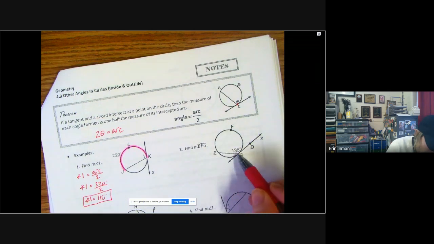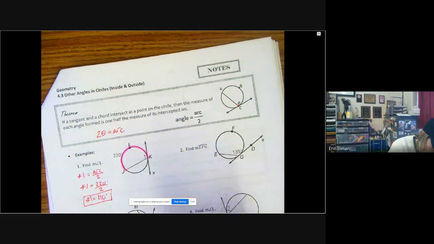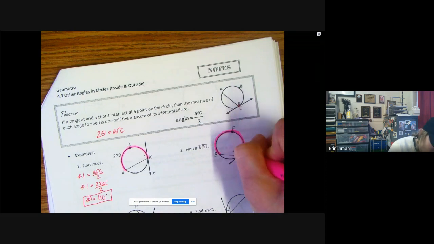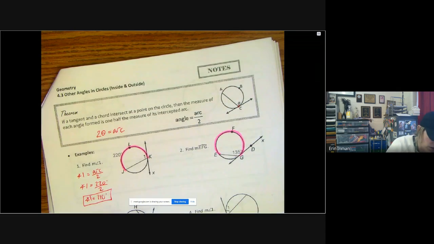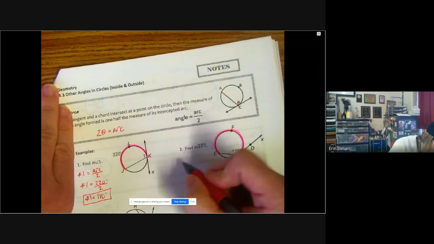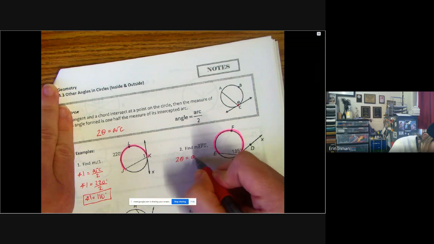In the second example, they gave us the angle. Notice that they're giving us this angle, and we're looking for the arc EFG. So I'm going to go ahead and highlight that, EFG. And notice again, in this particular example, the angle is forming the arc that we are looking for. So in this case, I'm going to use 2 times the angle equals the arc, right?